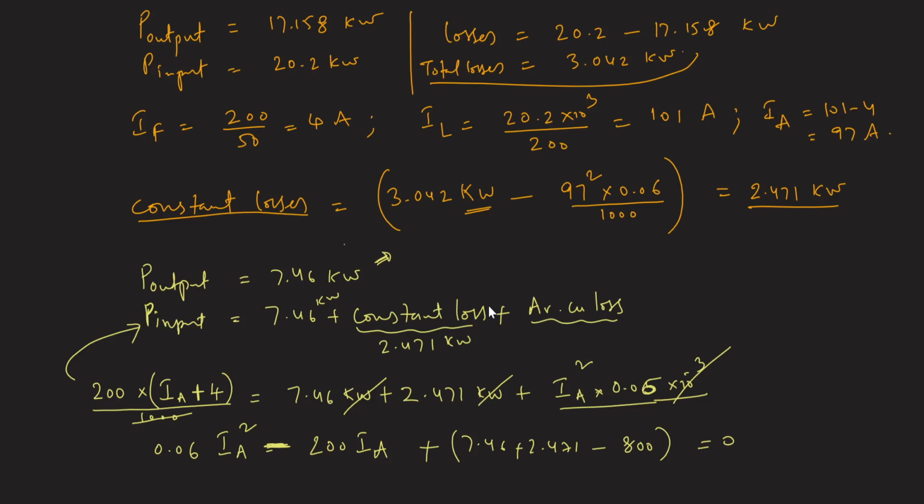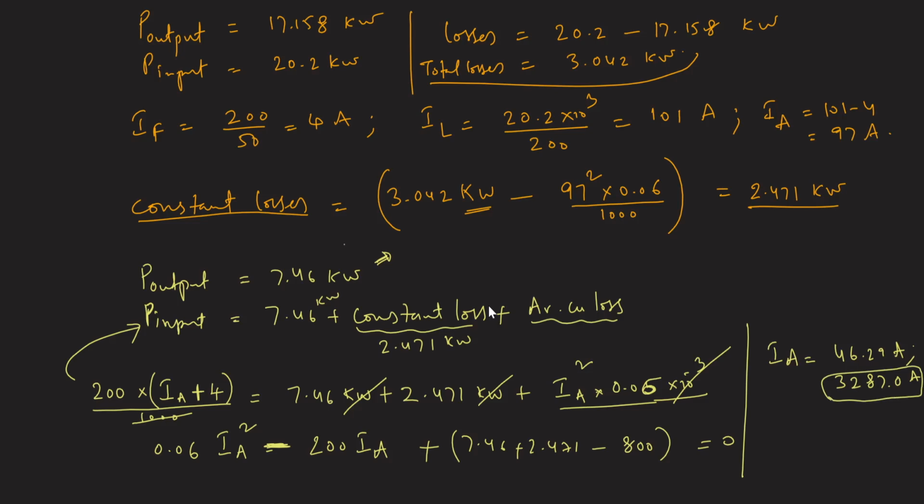Please tell me the Ia values, everybody. 46.29. What is the other value? 3287.03. So this is definitely not the value which we can take.